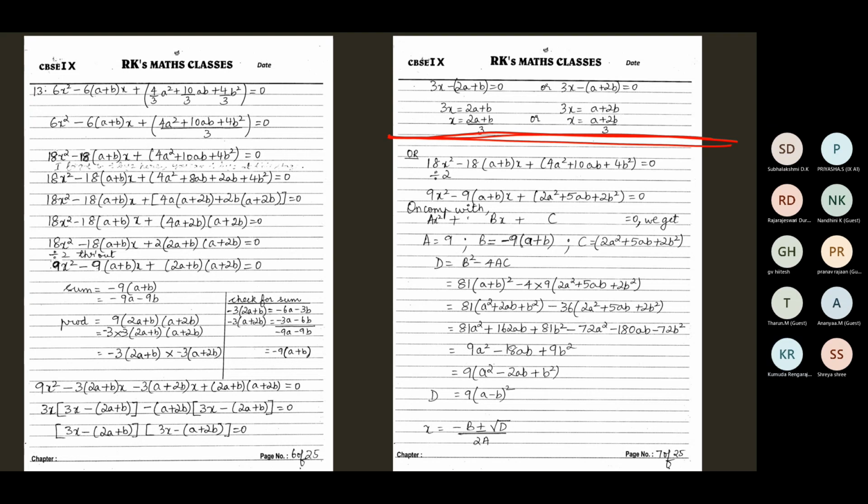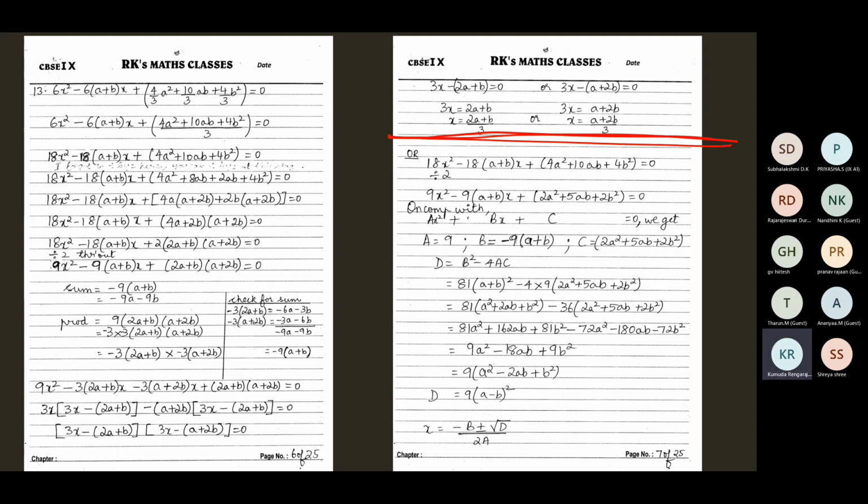Done, children? So worked in two methods. One is by the factorization, that is, splitting the middle term. And the other one is using the quadratic formula. So when it is solved for x, you can use any method.